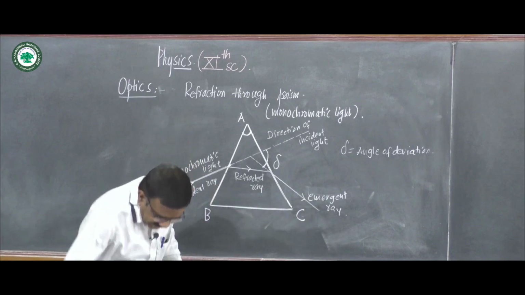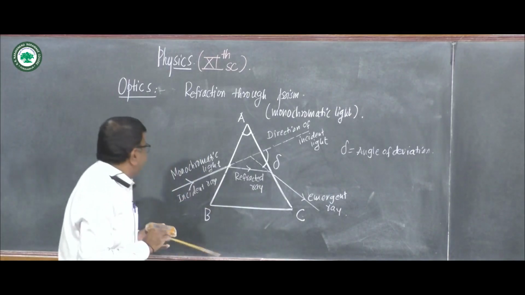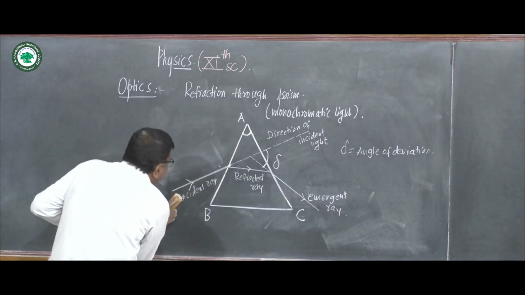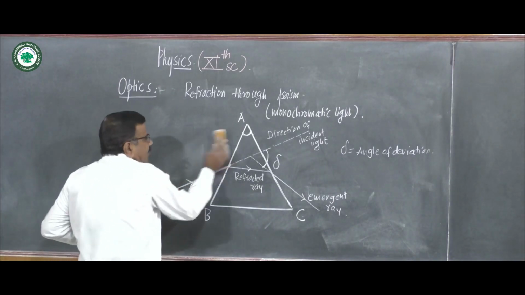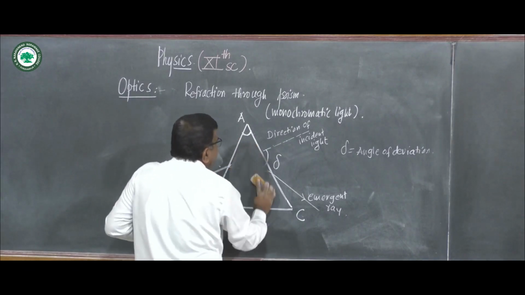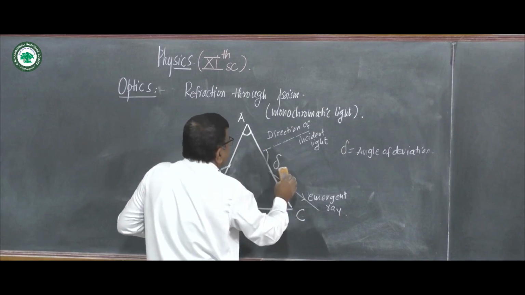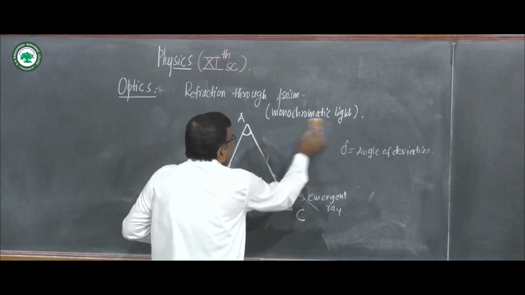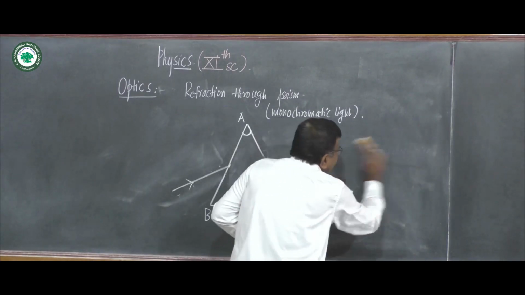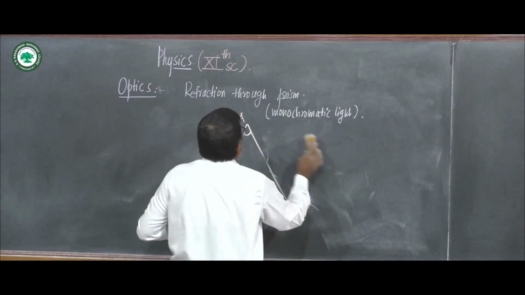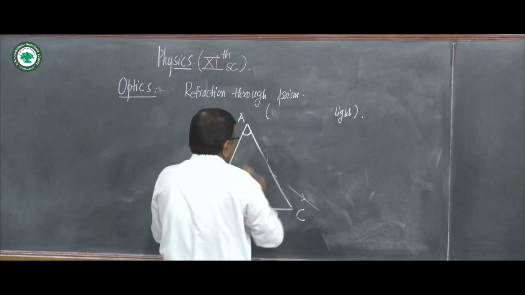Now if white light is incident on the prism instead of monochromatic light, if we consider the refraction of polychromatic light, that is the light of different wavelengths, polychromatic light.